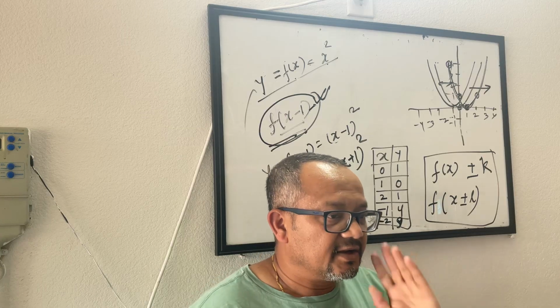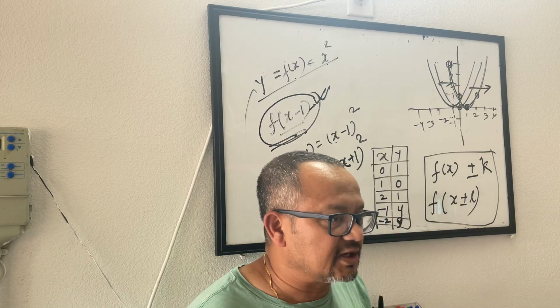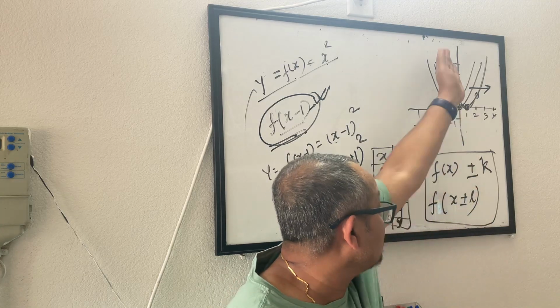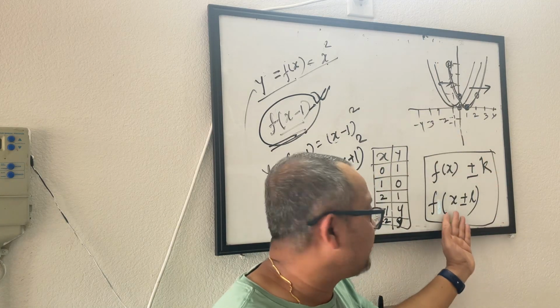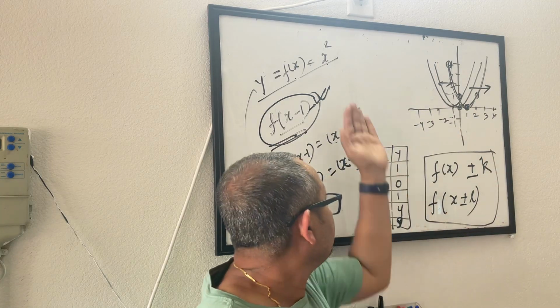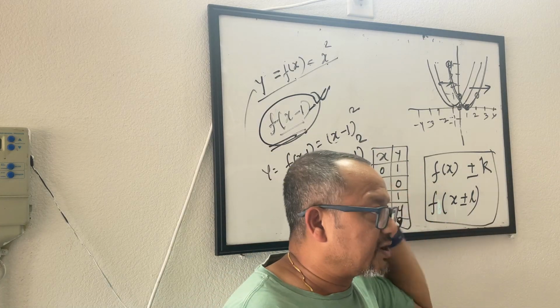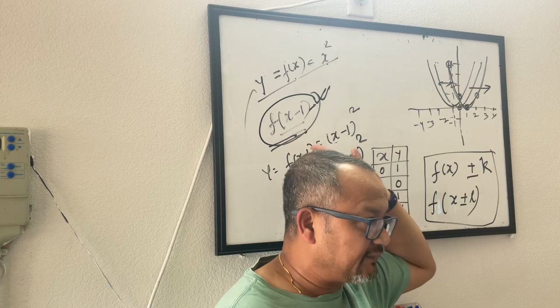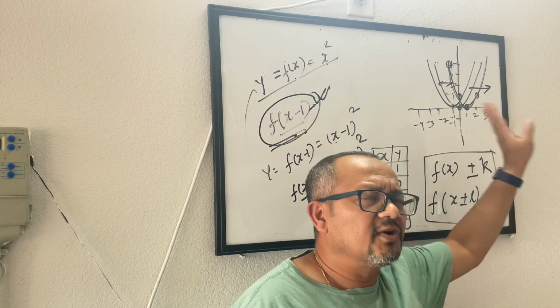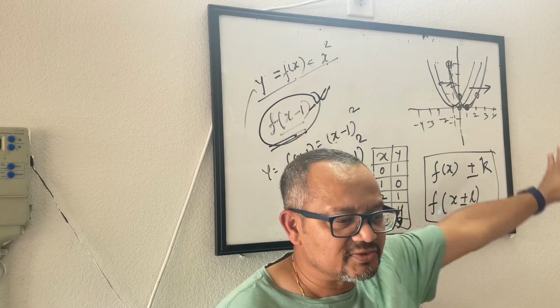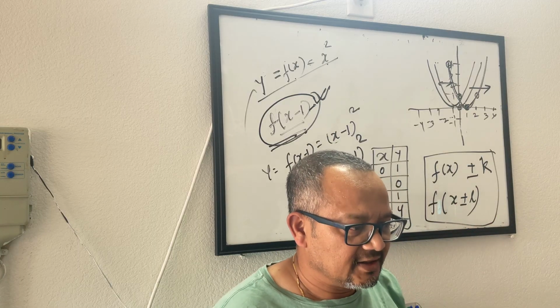And here Davik and Arush in the class immediately jumped onto it, saying that when you're doing a plus or minus outside, it moves it up or down. If you're doing a plus or minus inside the function definition, it moves it right or left. For plus, it moves left, and for minus, it moves right. Is that okay with everybody?